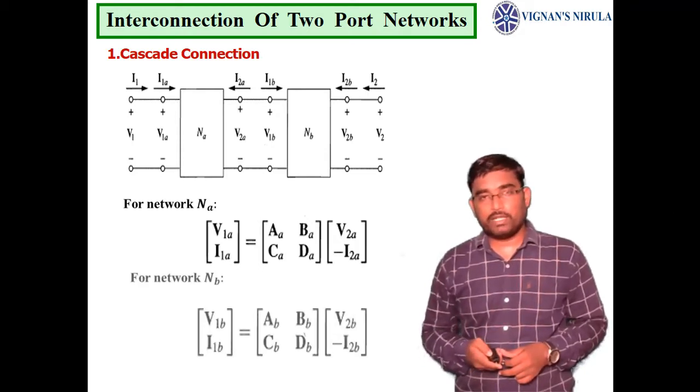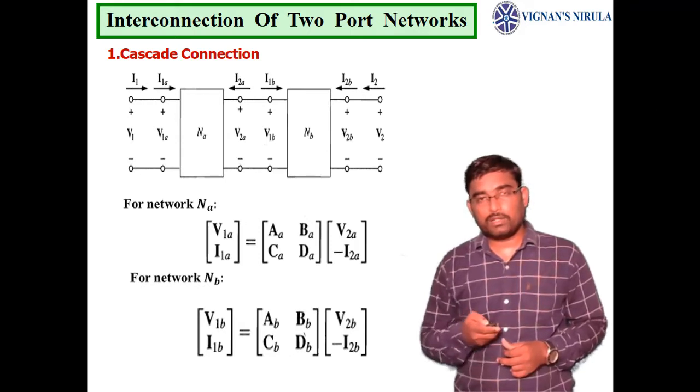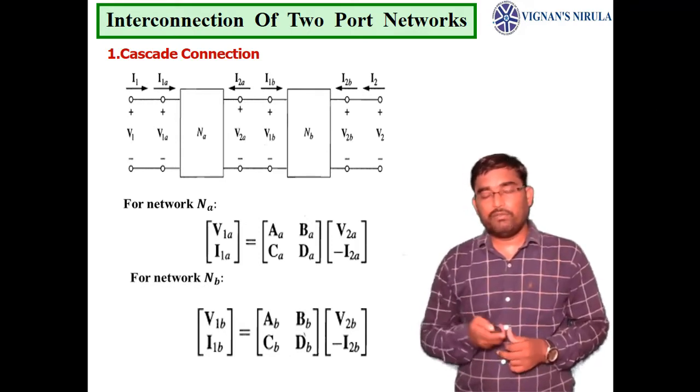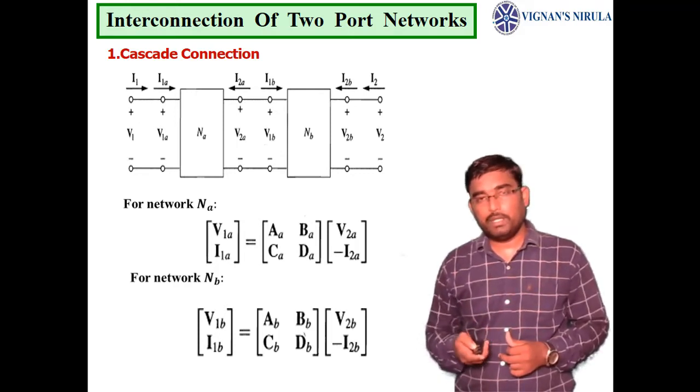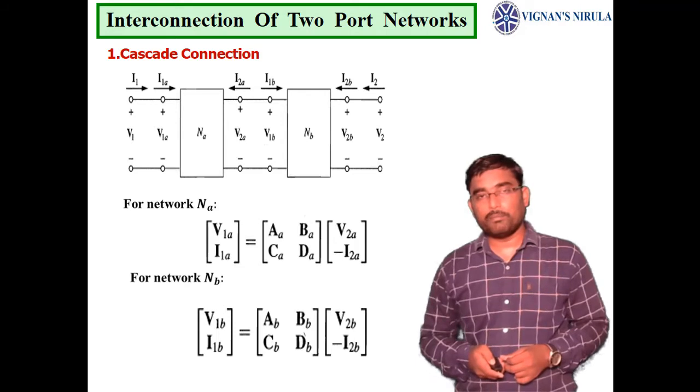In the same way, for network B, [V1B, I1B] can be written as [AB, BB; CB, DB] into [V2B, minus I2B].